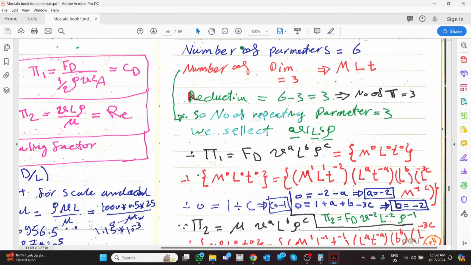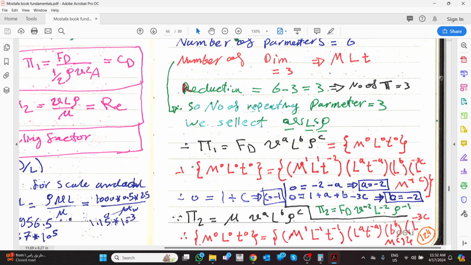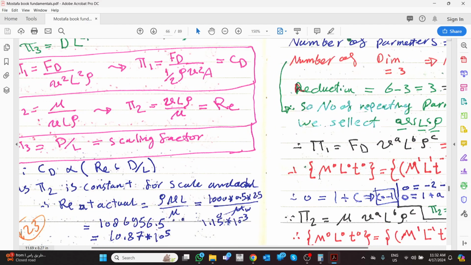Okay, apply the right-hand side and left-hand side. For example, start with M, then start with T, then L, etc. You will get a, b, and c, so you can write pi one in its terms. Repeat the action, remove F_D and put the other parameter, which is mu.